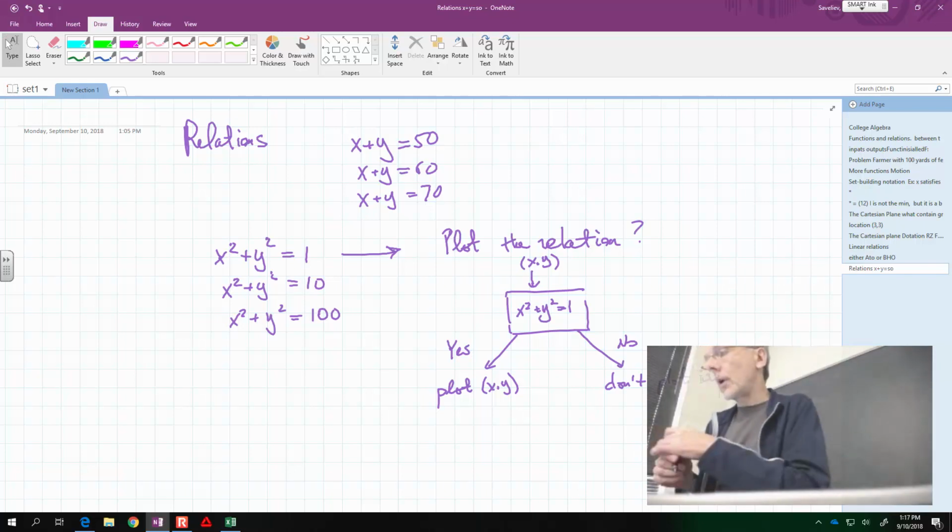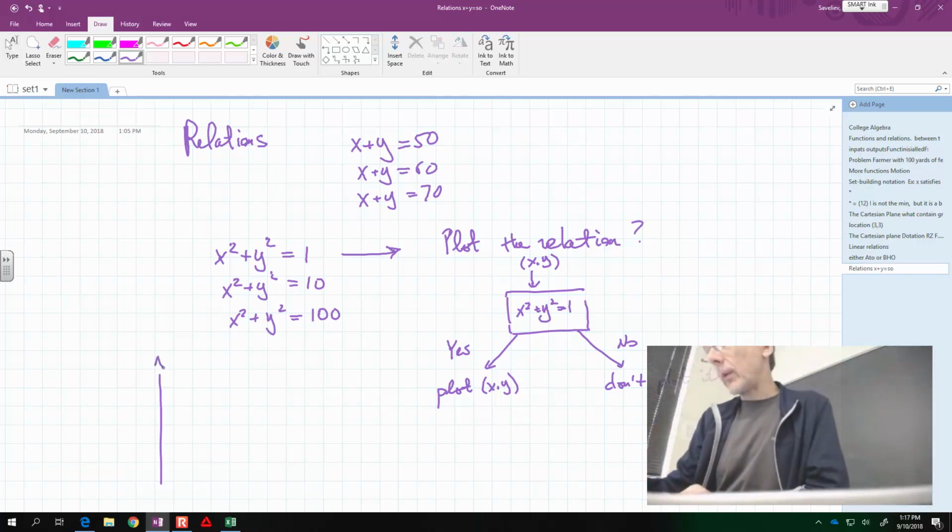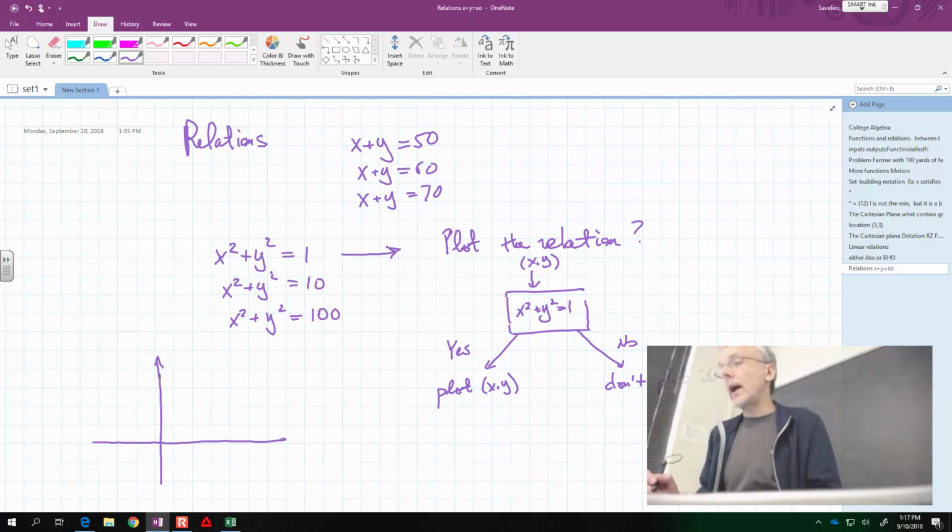If we try to do it by hand, probably a good idea to start with that. I will immediately have a lot of points that are not on the graph.